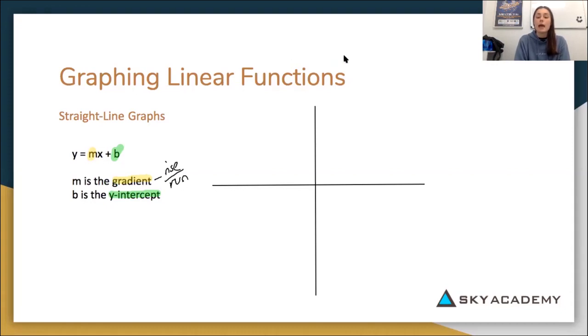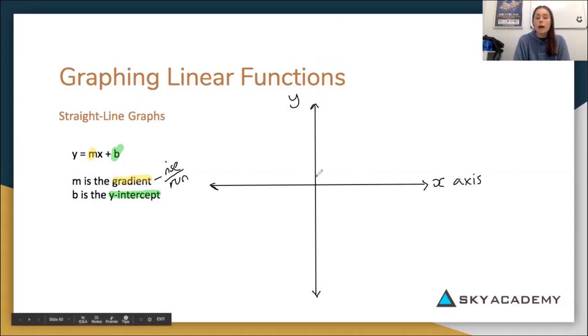On a number plane, just like this one that I've got up here, we have a horizontal line, which is going to be our horizontal axis, and that's our x-axis. Any values along this horizontal line are going to be our x values. And then the vertical axis is going to be our y-axis, and all the y values will go through here.